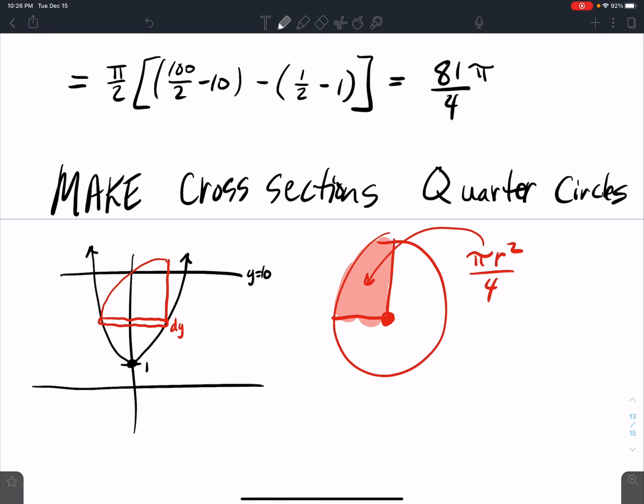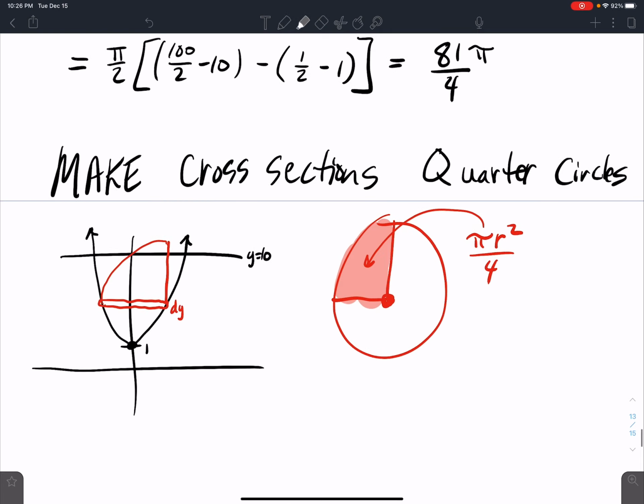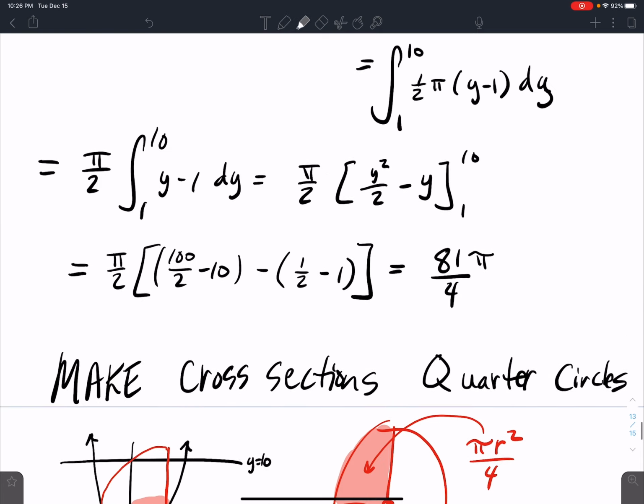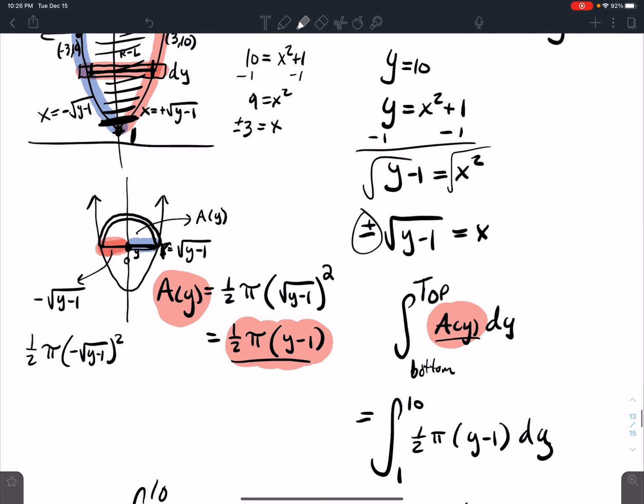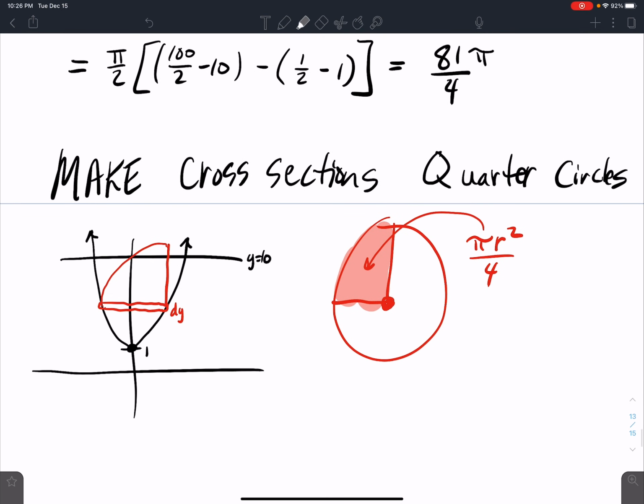But what's different about this problem? Our r is that entire distance across. It's not just halfway across like we did with the previous one, where we just needed to find one side of it. So the radius now has changed. It's all the way across, just like it's all the way across here. So how do I find that distance?